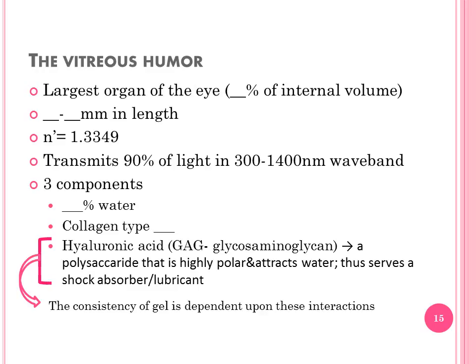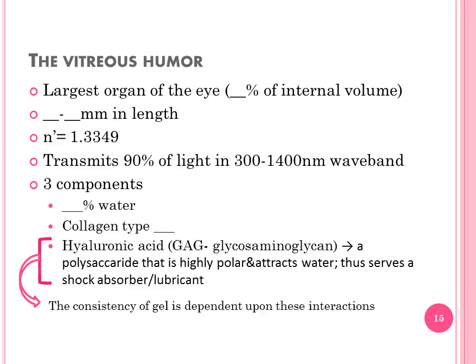There are three components to it. It's about 98.5% water, collagen type 2, and then it also has hyaluronic acid. I don't know if I say that correctly, but hyaluronic acid. And actually, I have this bracket over here that should be extending up over the collagen and hyaluronic acid, which is abbreviated sometimes as HA.